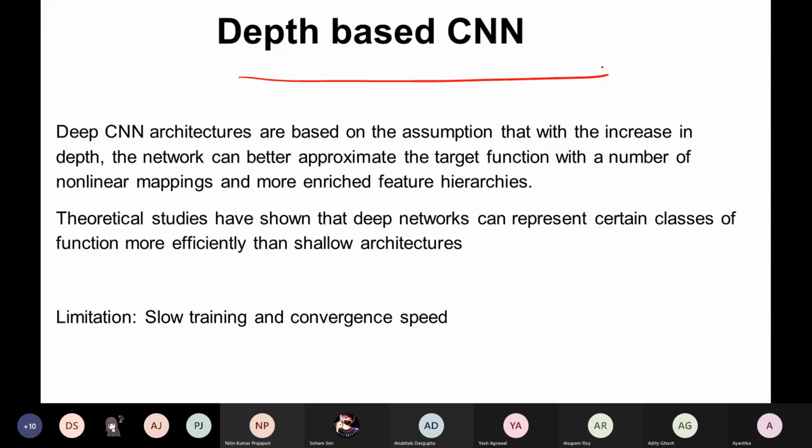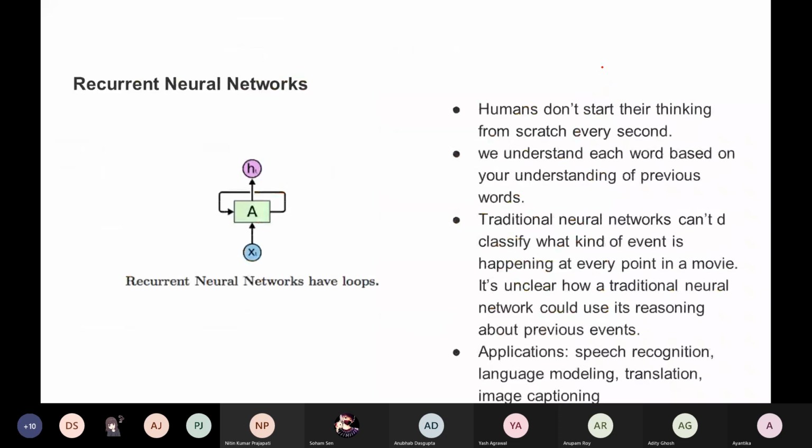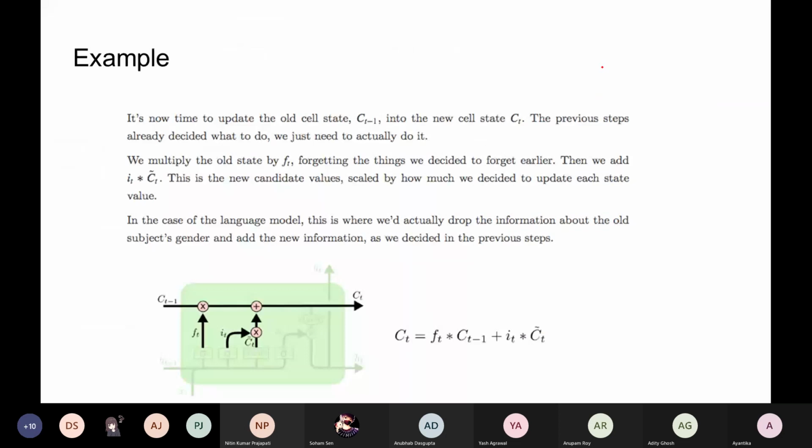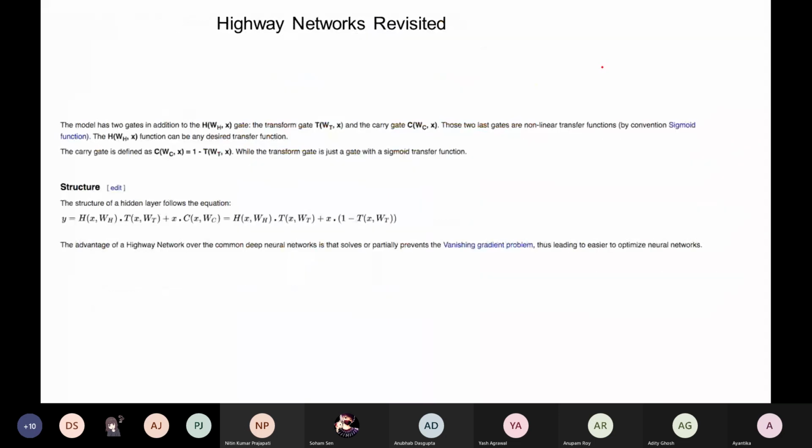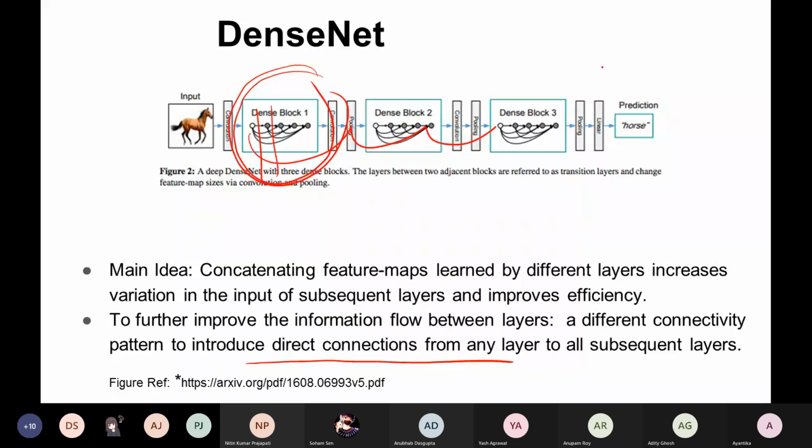We have some strategy to handle large depth, because you can see here, if we go to DenseNet, it can have multiple paths or shortcut connections, and it can support a huge number of layers. DenseNet can support ResNet also.